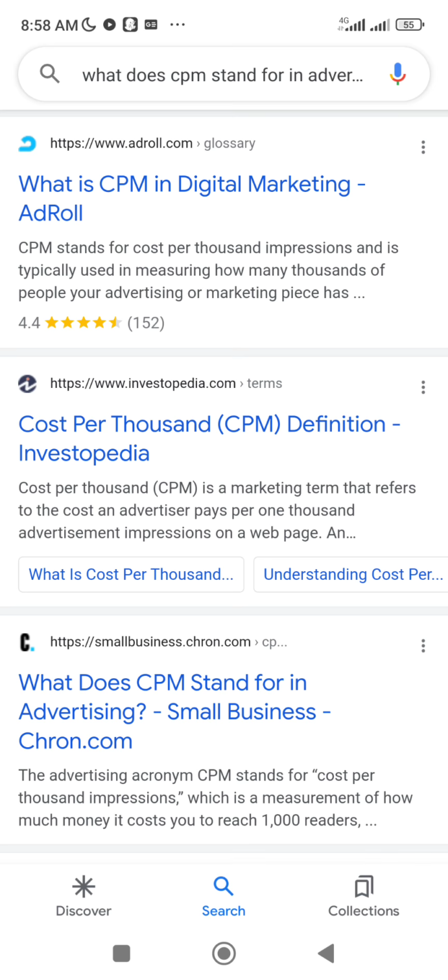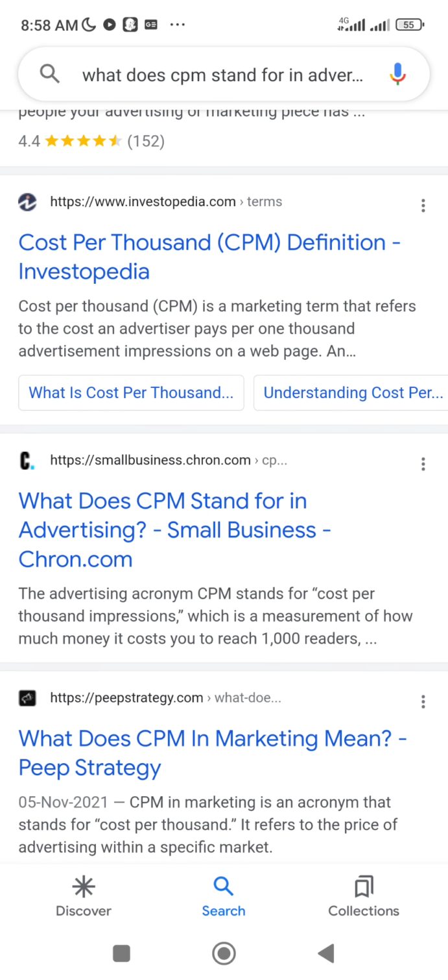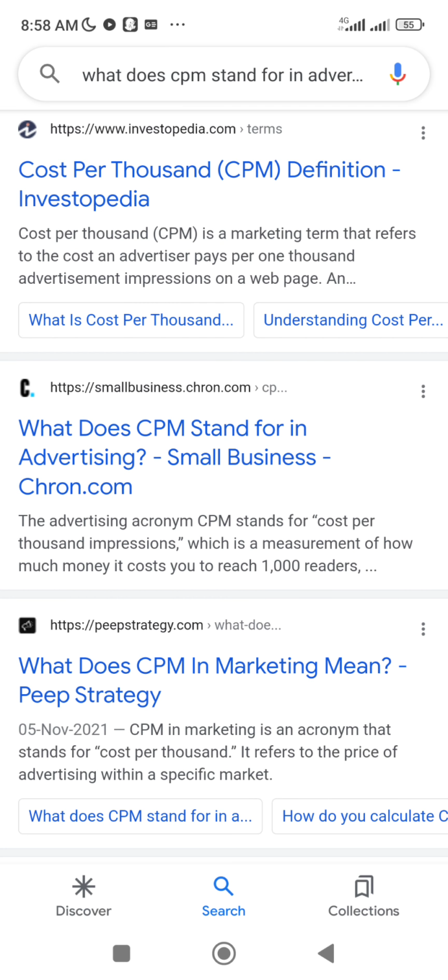So what does CPM stand for in advertising? The advertising acronym CPM stands for cost per thousand impressions, which is a measurement of how much money it costs you to reach 1000 readers.